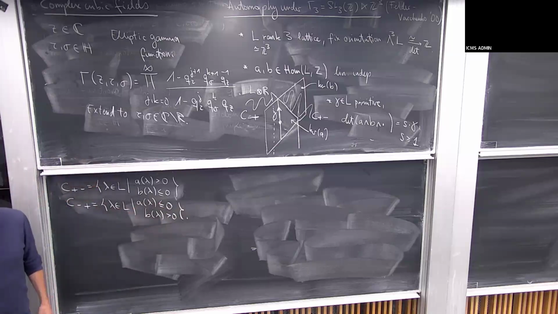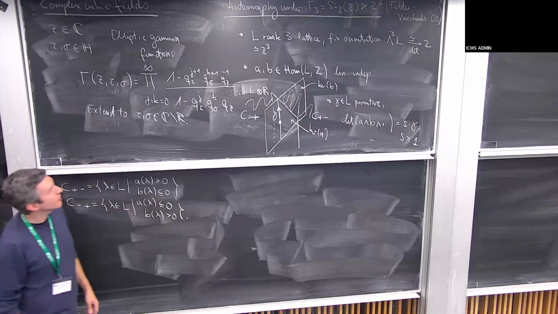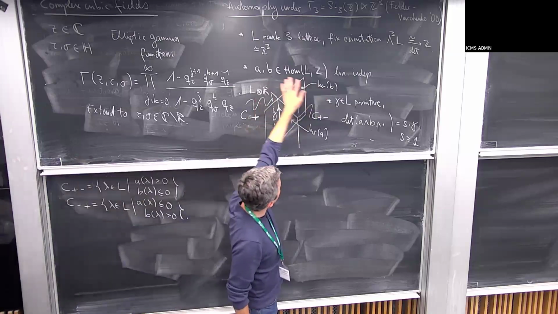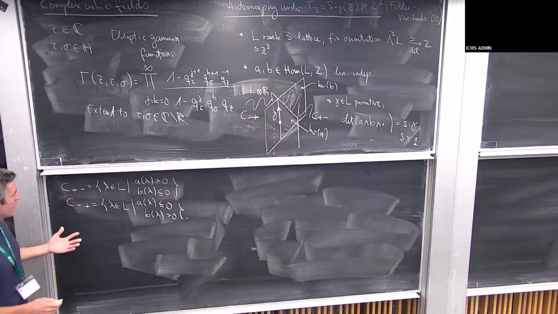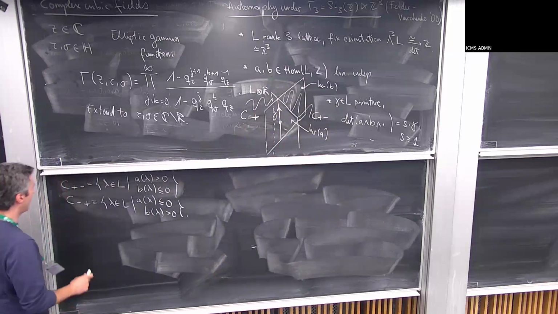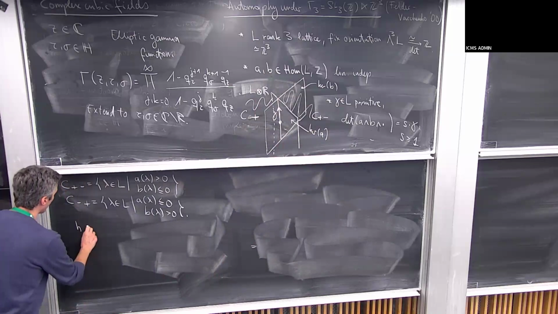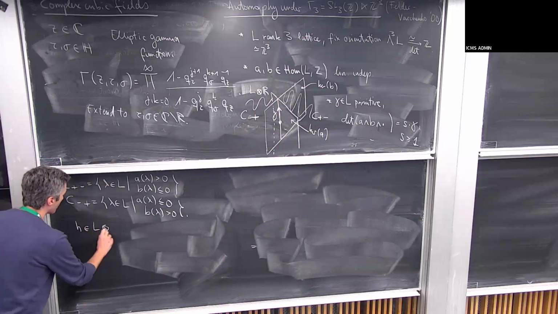Okay, so all that is elementary. This all comes just from choosing two linearly independent functionals, A and B. And so now I'm going to define a function. That function depends on 2 more parameters.